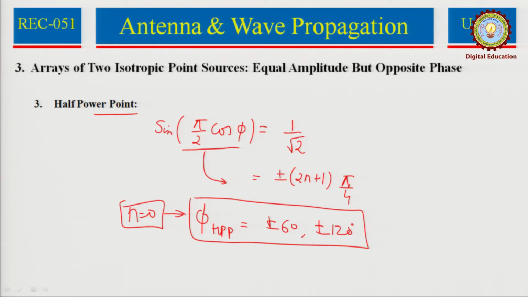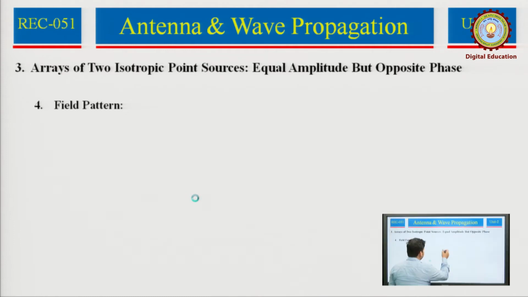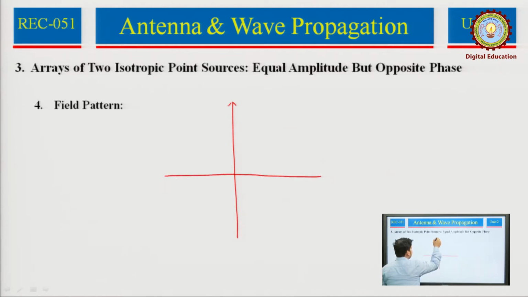So, let me plot the field pattern of two isotropic point sources of the same amplitude, but out of phase. Again let us first decide the coordinates. Same scenario, this is the y axis and here we are considering the x axis.